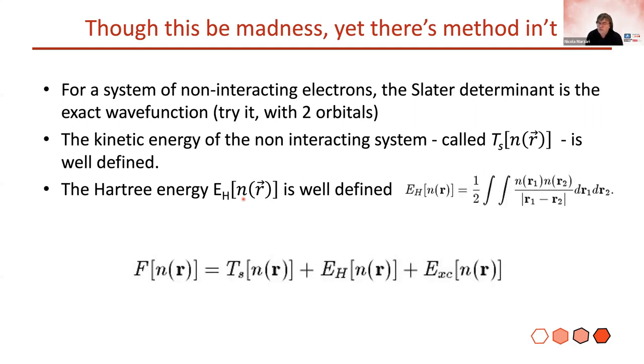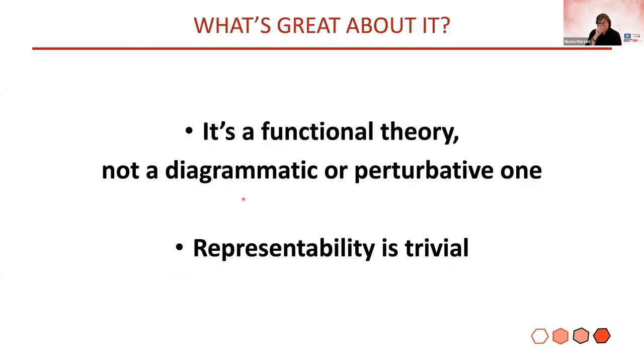The reason it works very well is that the physics built into this non-interacting kinetic energy and into the Hartree electrostatic interaction captures a lot of what F is. The last term is very small, but the way they built it in the local density approximation captured some fundamental sum rules that this term needed to satisfy. So they were also, I would say, a little bit lucky in all of this.